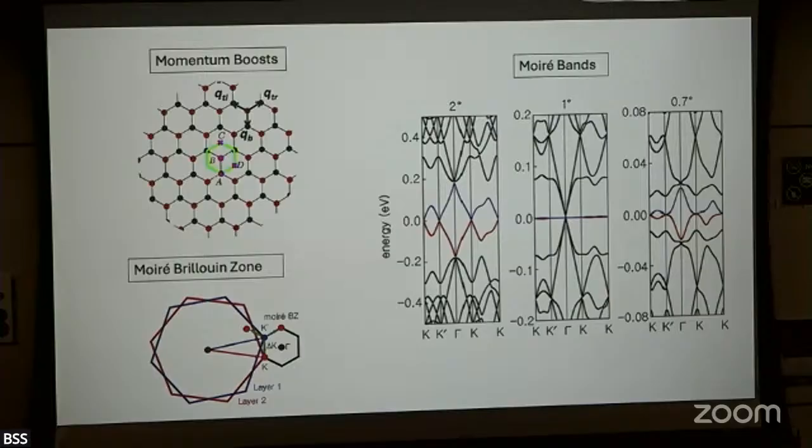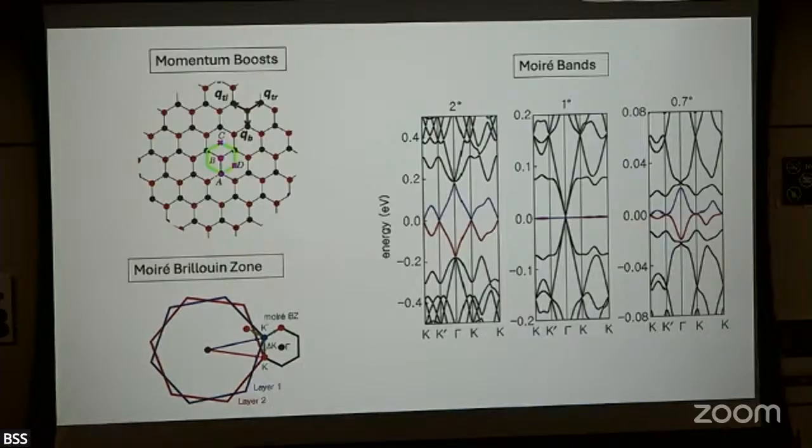Okay, so there are two final points I want to make. Basically, for every G, if the only other G prime I keep is just the slightly rotated version of the same wave vector, then all the momentum boosts will end up being small. And that gives you the restriction that G prime has to be the partner of G, which gives you a periodic model.